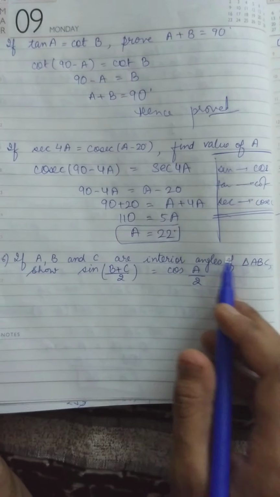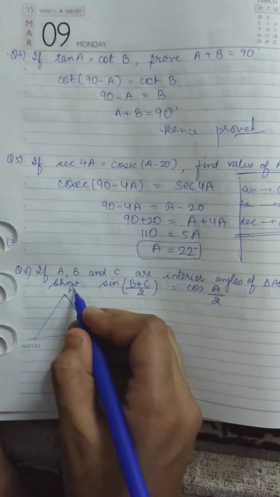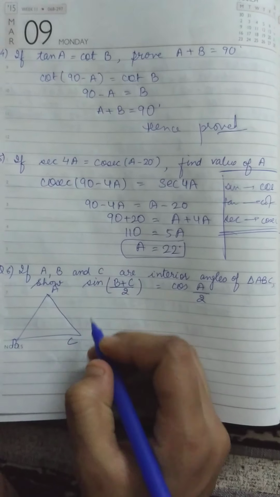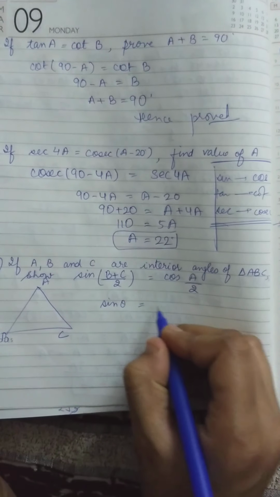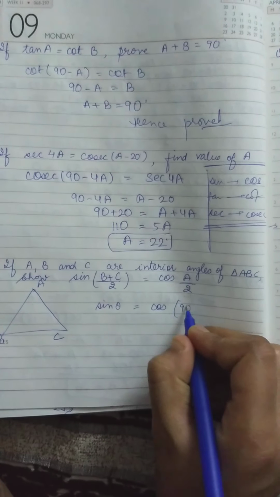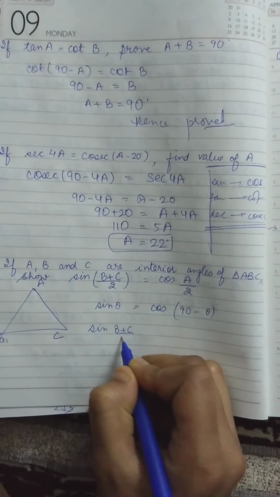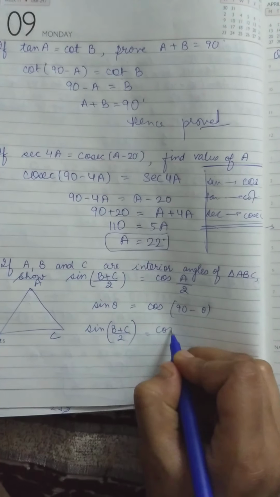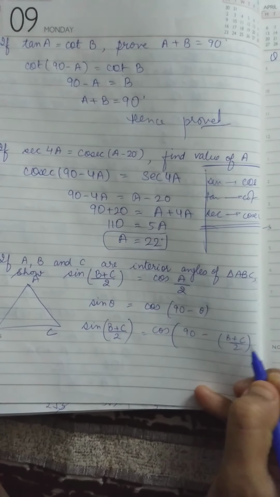A, B and C are interior angles of a triangle ABC. We have been given a triangle A, B and C. So sine theta, we know we can write it as cos 90 minus theta. So sine of B plus C upon 2 is equal to cos 90 minus B plus C upon 2.